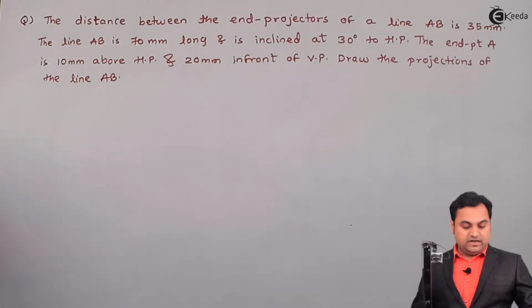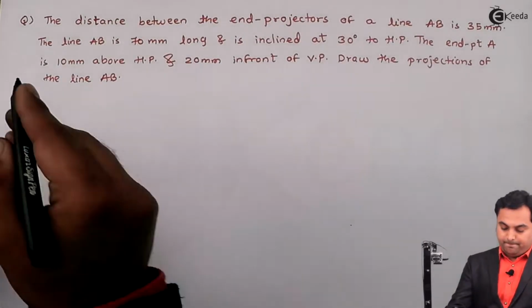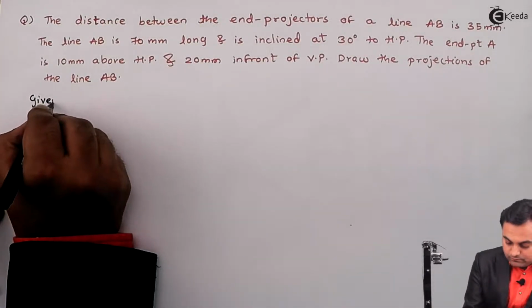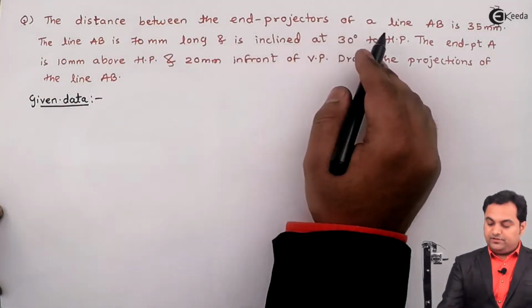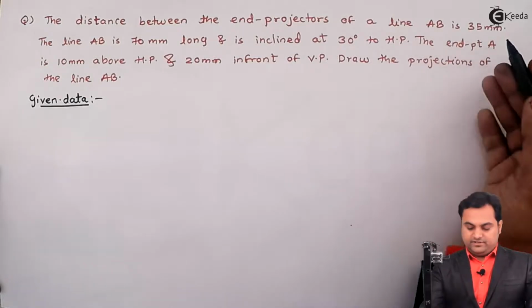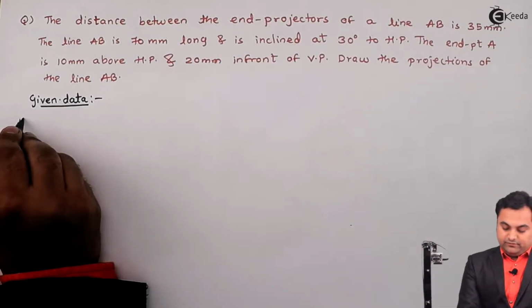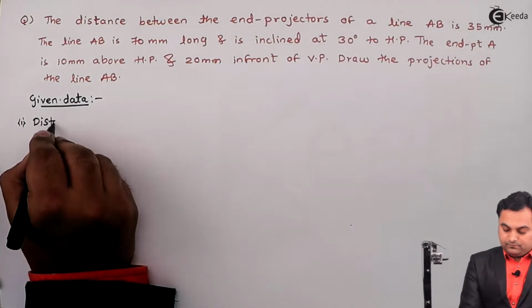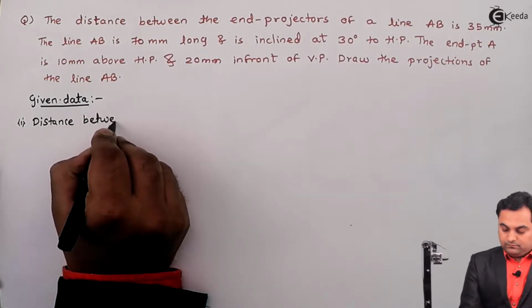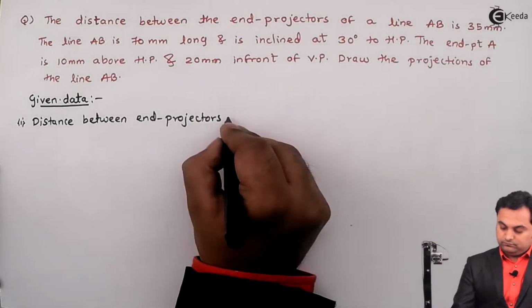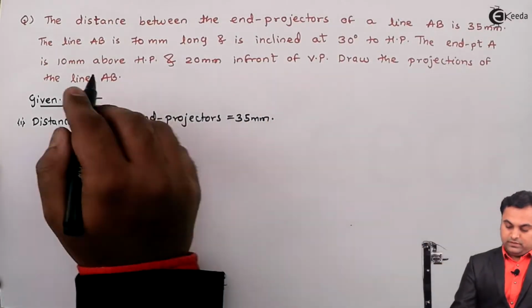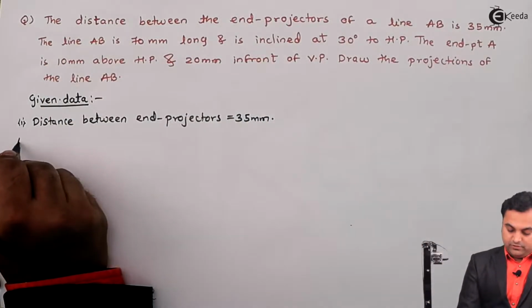So here first I'll note down the data. Distance between the end projectors of line AB is 35 mm. I'll write it down first. Line AB is 70 mm long.